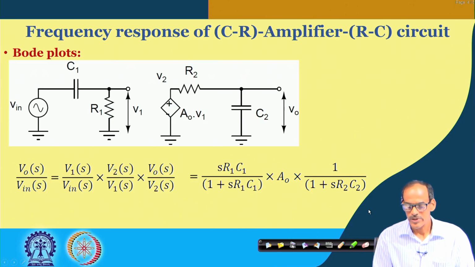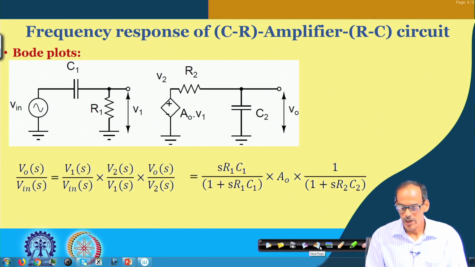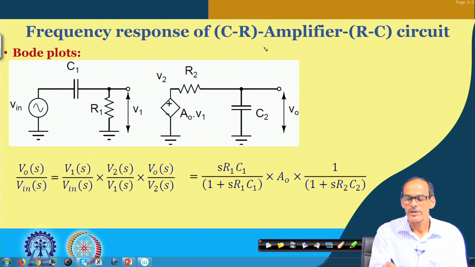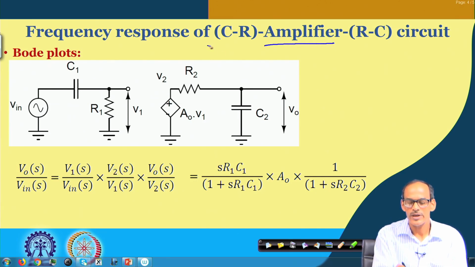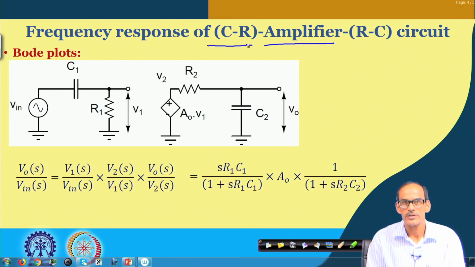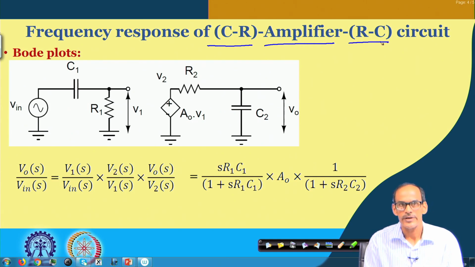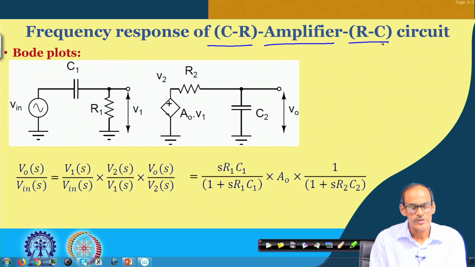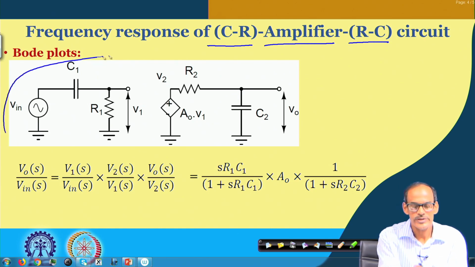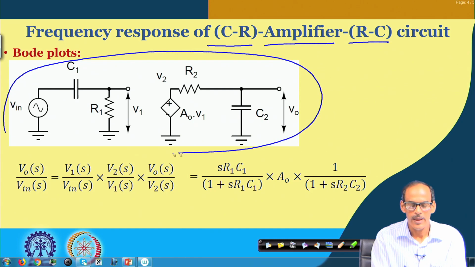In the previous day what we discussed is, in case we have any amplifier which is preceded by a CR circuit and then followed by an RC circuit, the corresponding model of the circuit is given here.